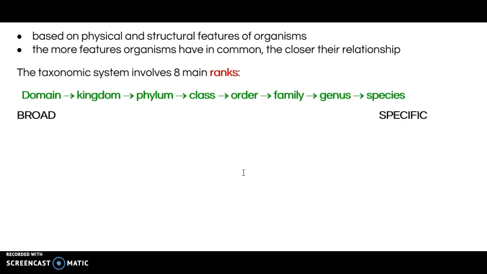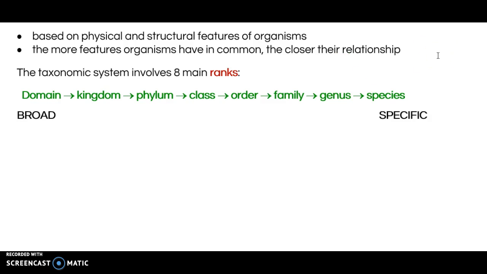So Linnaeus based his classification on physical and structural features of the organism. The more organisms seemed to have in common in terms of structural or behavioral features, the closer their relationship was.